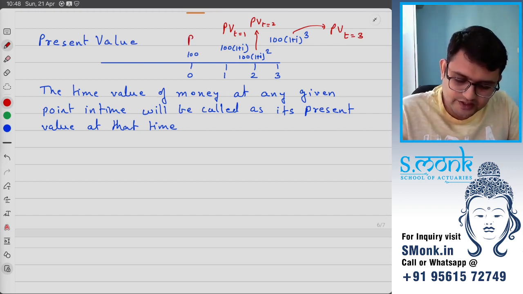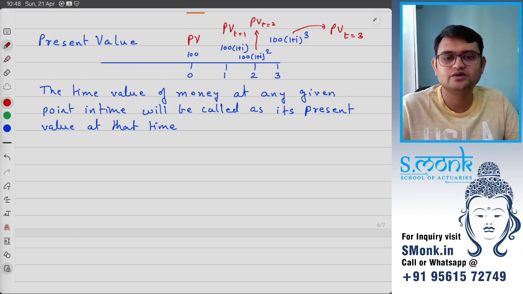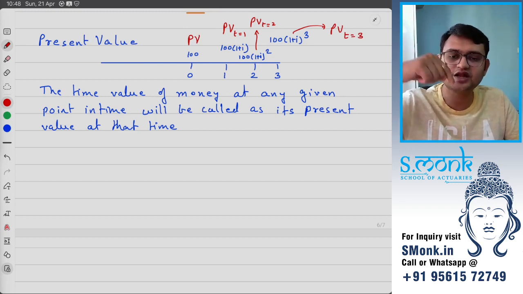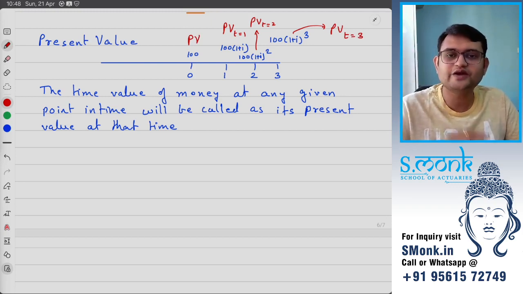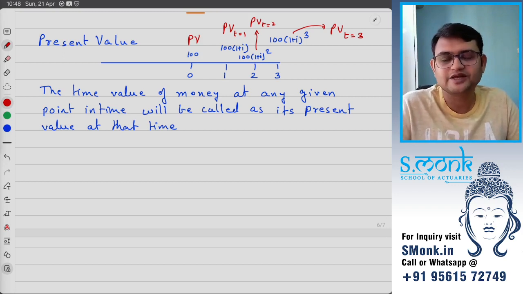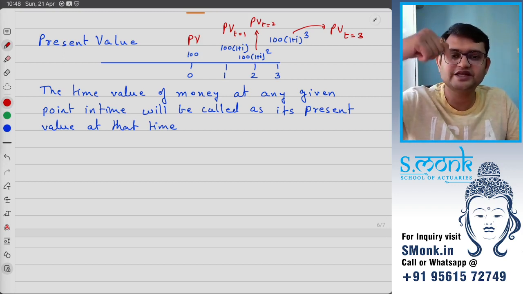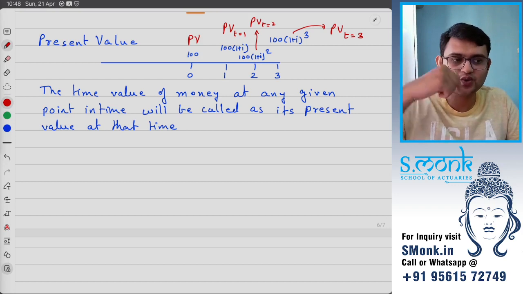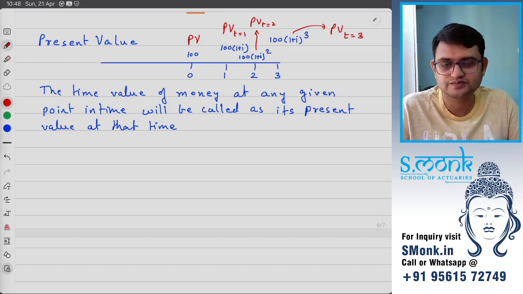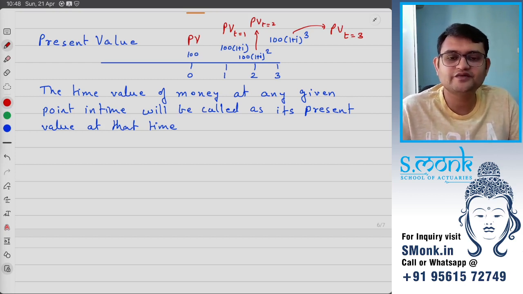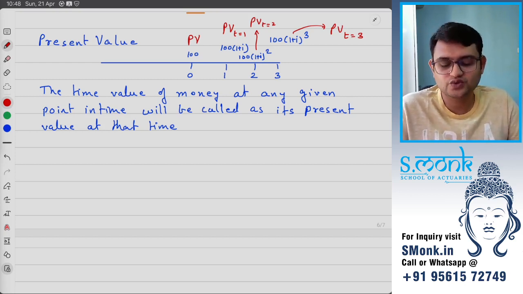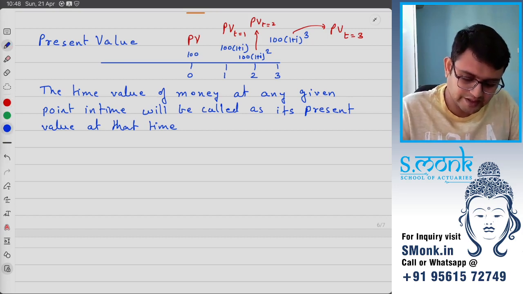And we'll call this present value because time 0 is right now. So if I don't mention the time, present value means it is today's value right now, time 0. Okay, so this is how we represent present value. It's the time value at any given point in time.